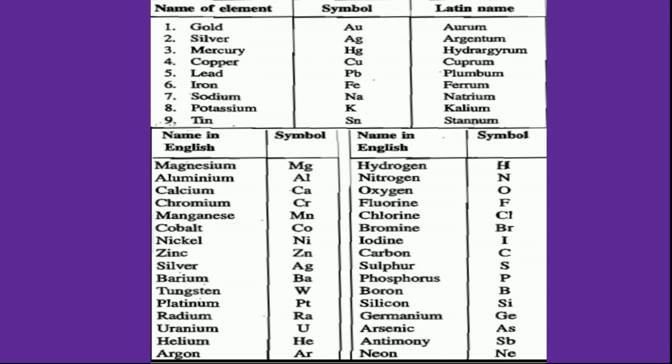Then hydrogen, H, nitrogen, N, oxygen, O, fluorine, F, chlorine, Cl. Then bromine, Br, iodine, I, carbon, C, sulfur, S, phosphorus, P, boron, B, silicon, Si, germanium, Ge, arsenic, As, antimony, Sb, then neon, that is Ne.